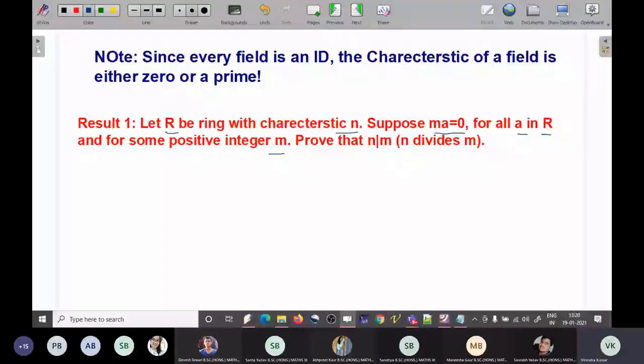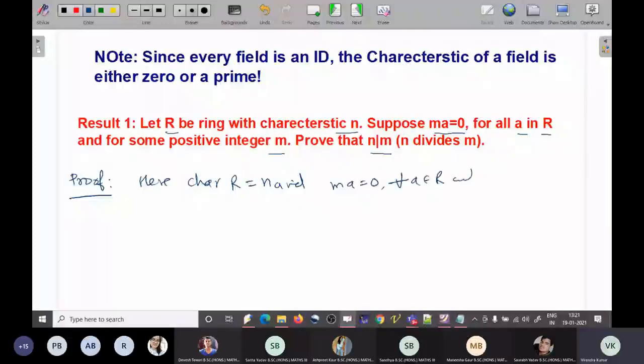So we need to prove that n divides m. Fine. So the information is what we have just written here. So let us start the proof.